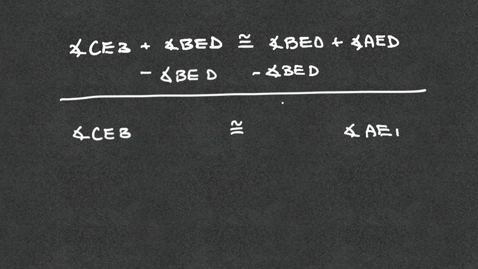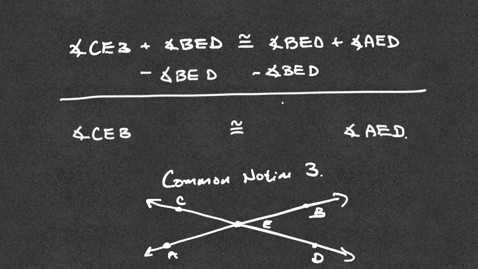And once again, this follows from our common notion number 3, that subtracting equals from equals means that the remainders will also be equal. And so, just as before, we have angle CEB being congruent to our angle AED, as was to be demonstrated.